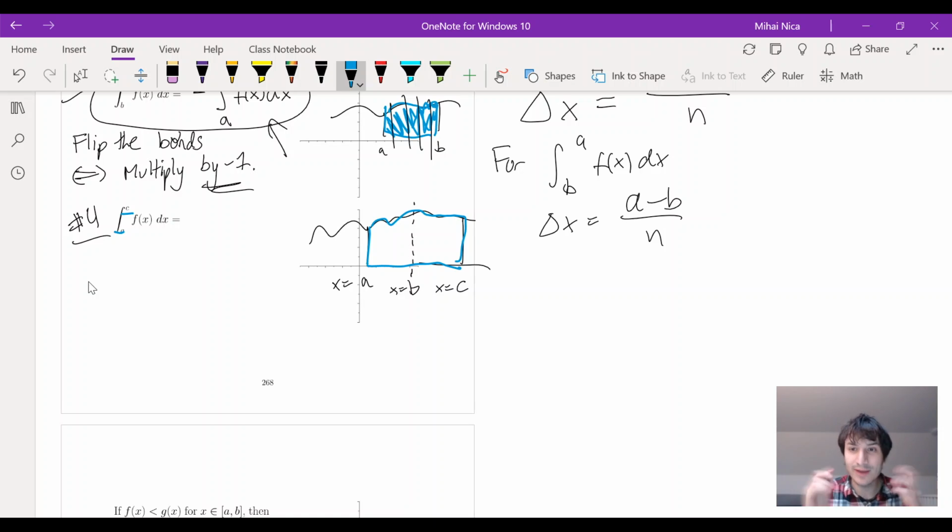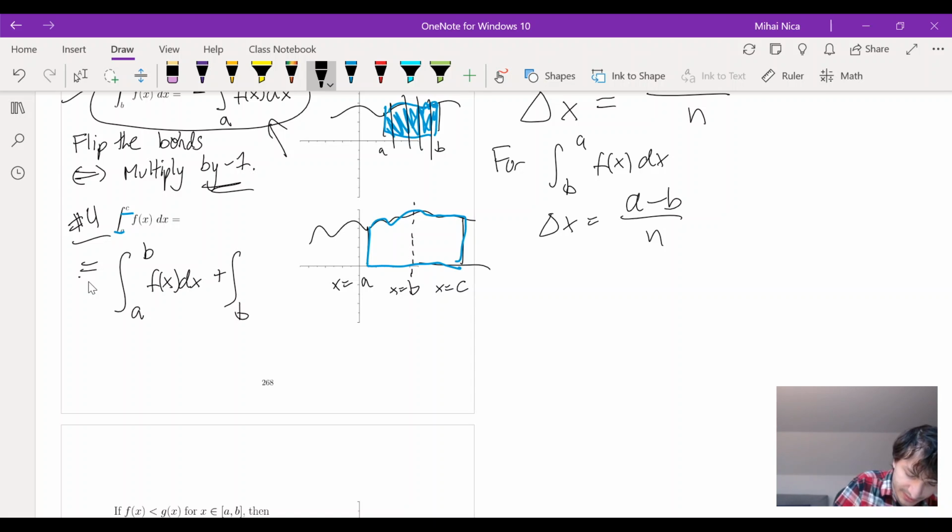And the point is, you can write that as a sum of two areas. This is equal to the integral from a to b of f of x dx plus the integral from b to c of f of x dx. So the blue area, everything enclosed in here, is going to be the sum of this red area plus the yellow area in here.